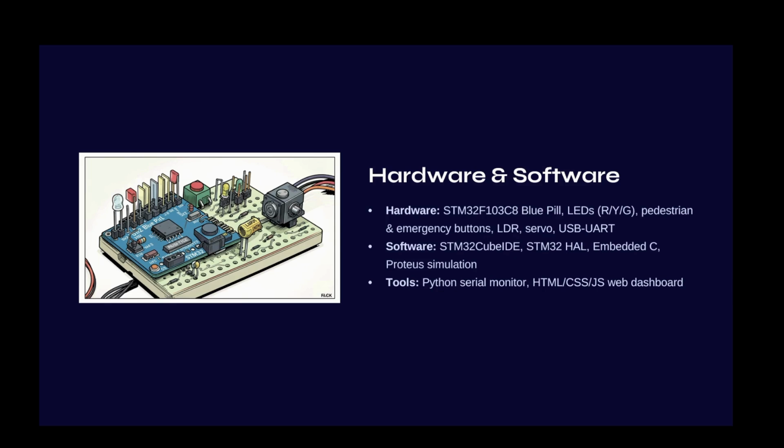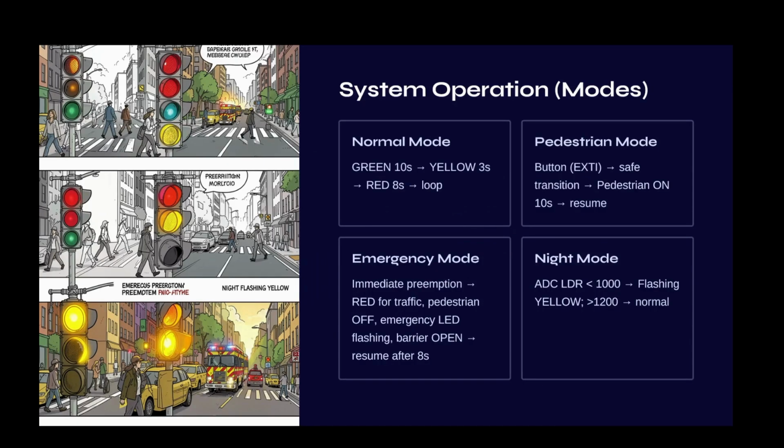For software development, we used STM32CubeIDE, Embedded C, STM32 HAL Libraries, Proteus, Python Serial Monitor, HTML, CSS, JavaScript. Although I come from a software engineering background, this internship gave me practical exposure to embedded programming and hardware interfacing.